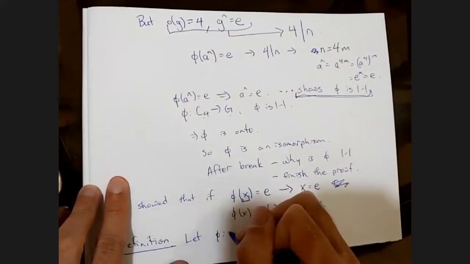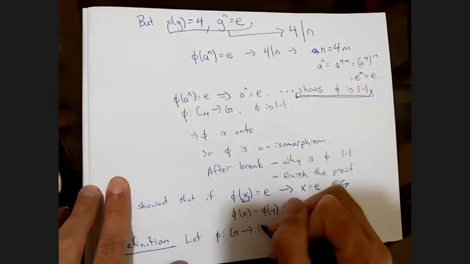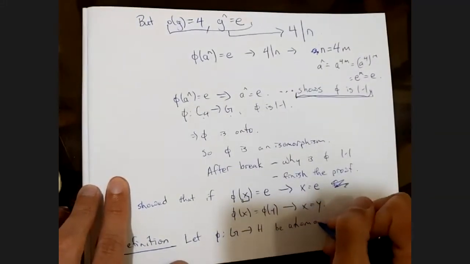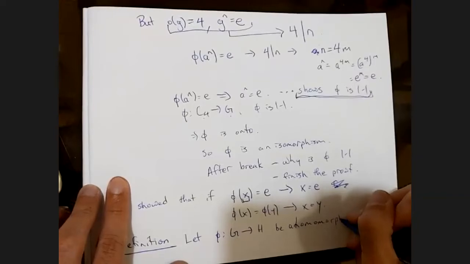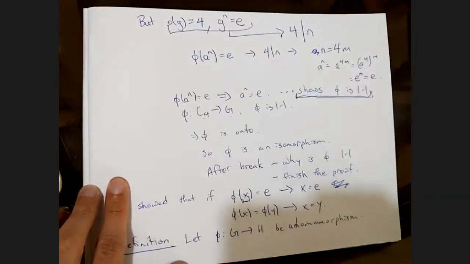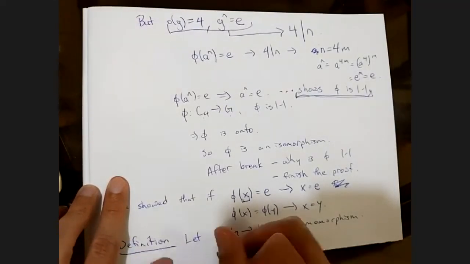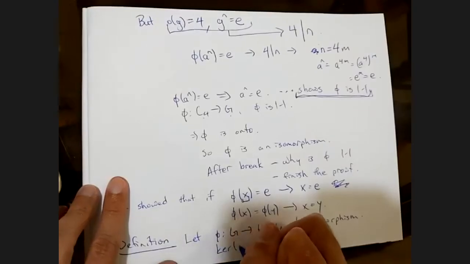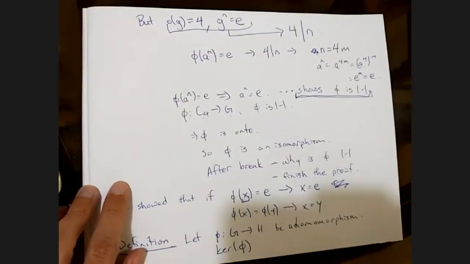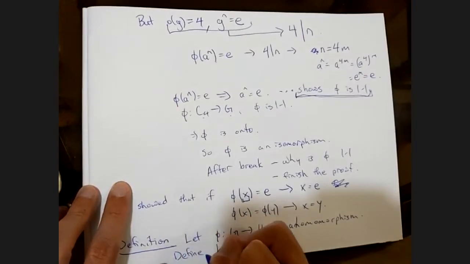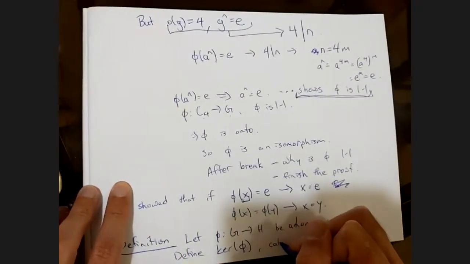Let's take a homomorphism from G to H, and we'll define the kernel of the homomorphism. This is called the kernel.